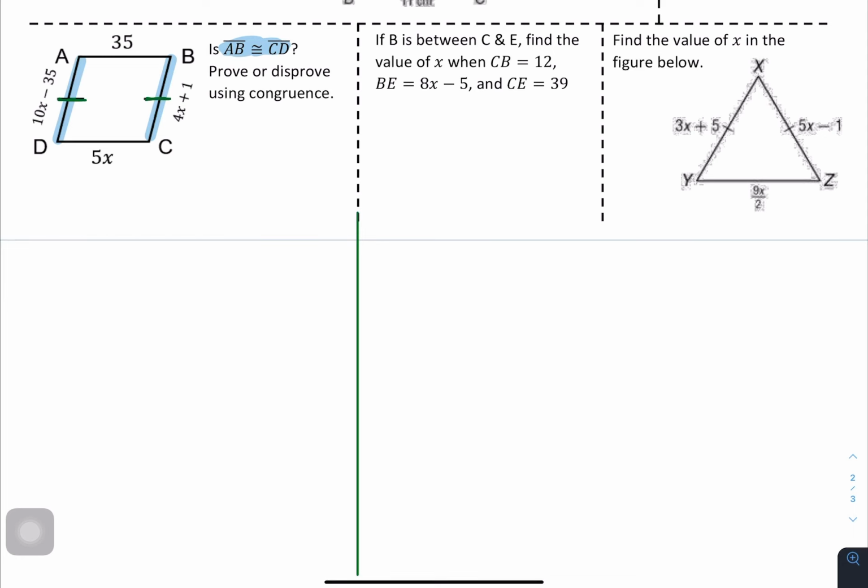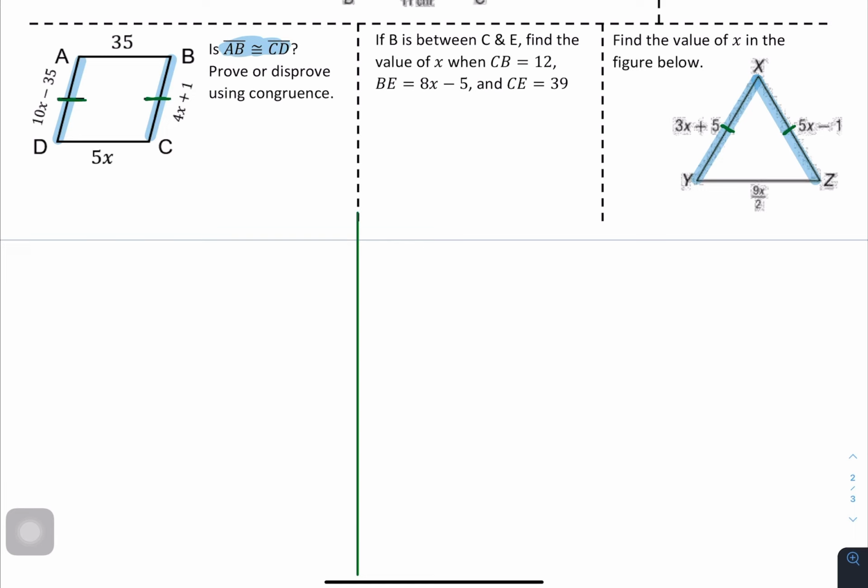Whenever you look at a figure and you see any segments that have the same label, that means those two segments have the same length. Just like, take a look at this triangle right here. We see that XY and XZ have the same label, so we know the value is the same.